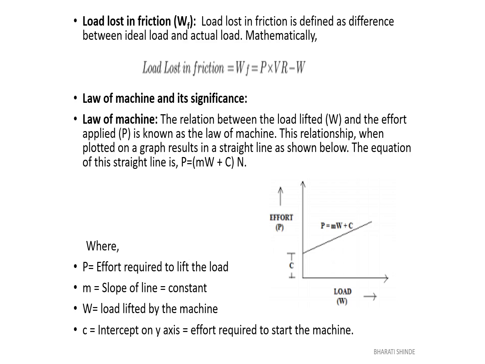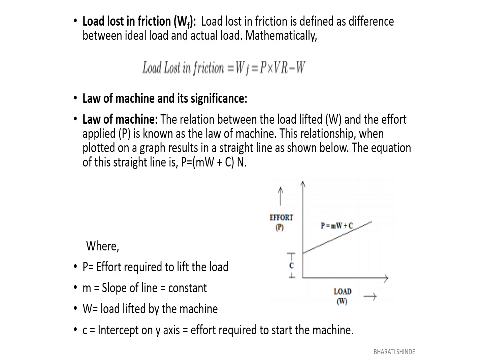Next we will see law of machine and its significance. The relationship between load lifted W and effort applied P is known as law of machine. The relationship, when plotted on a graph, results in a straight line as shown below. There is an intercept C and then an inclined straight line.